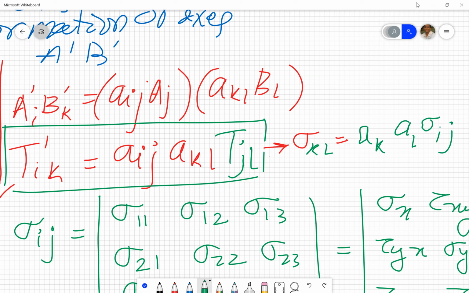So what is written here? We are writing here i, then here j.